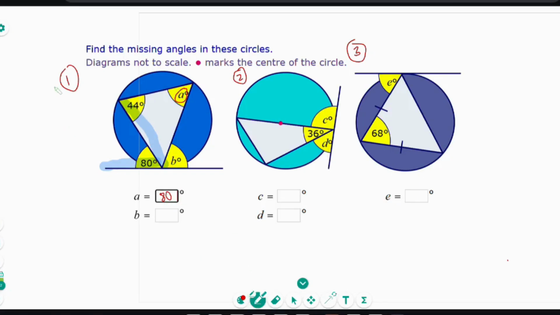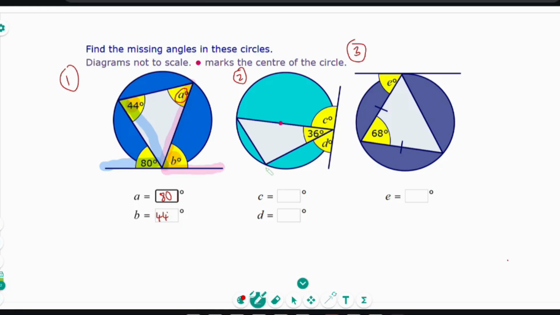And then just come in from the other side. We have the tangent touching the triangle to make an angle. So B is equal to the opposite angle to that length of a triangle, so 44 degrees.